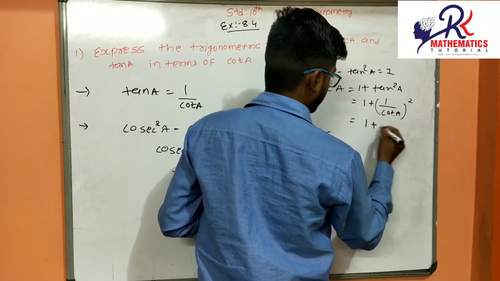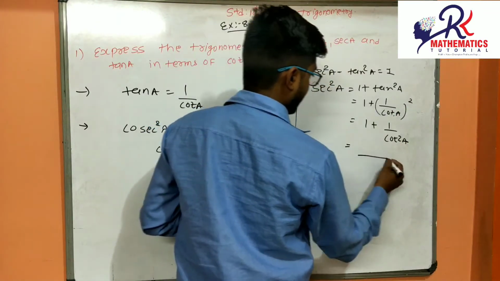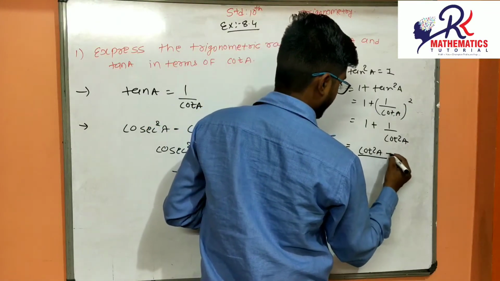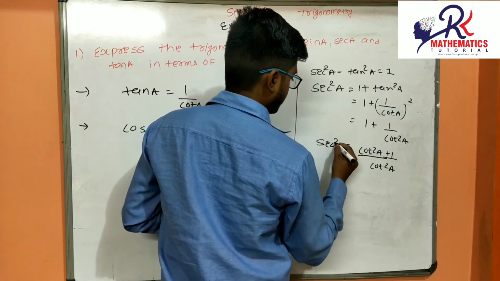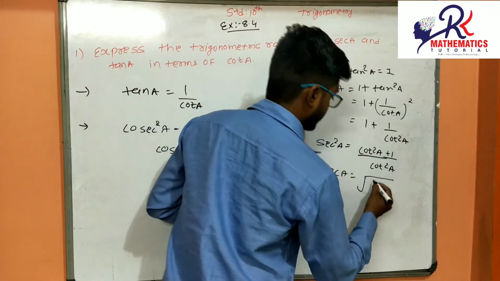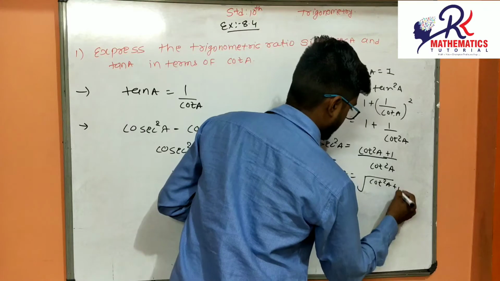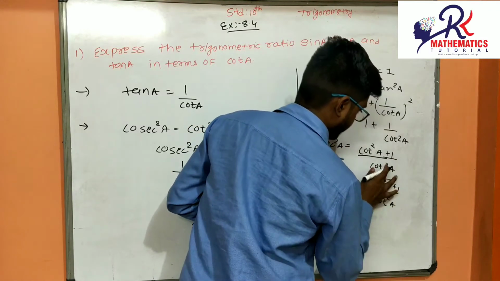So it is 1 plus 1 upon cot square A. Now taking the LCM, it is (cot square A plus 1) divided by cot square A. Now we have to find the value of sec A, so we have to take the square root.